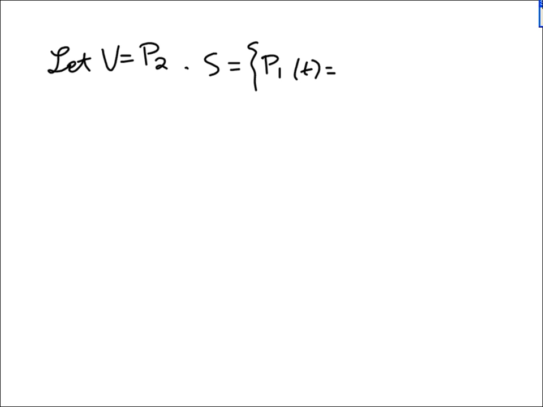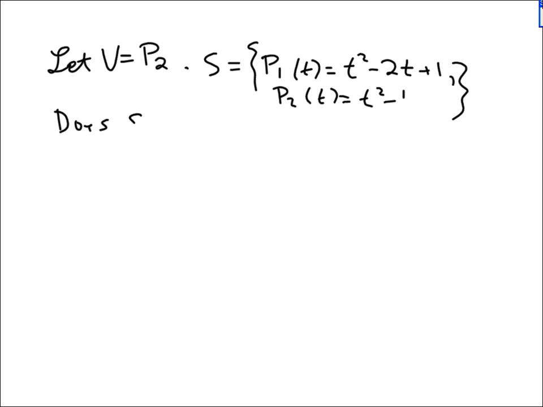P1 of T, which I'll call T squared minus 2T plus 1, and P2, which is just T squared minus 1. So S has 2 polynomials. The question is, does S span P2? Using those 2 vectors, can I come up with every polynomial in P2?